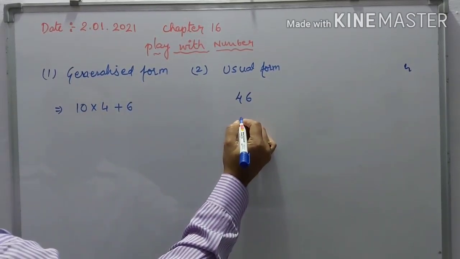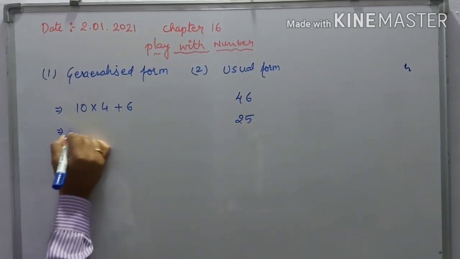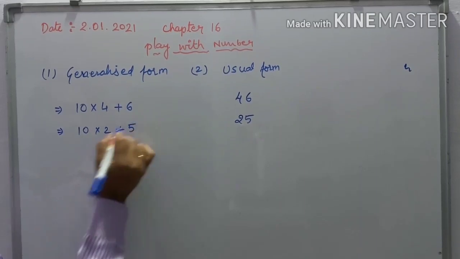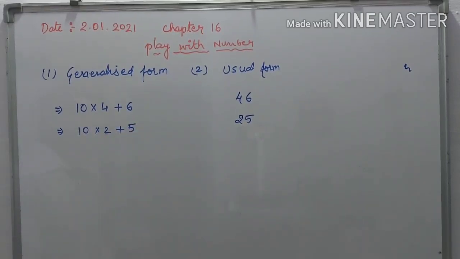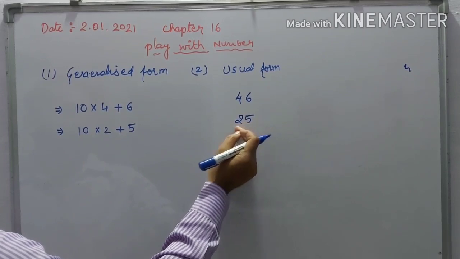With another number, suppose 25, the generalized form is 10 into 2 plus 5. In the usual form, the first number is the tens digit and the second is the ones, unit digit.